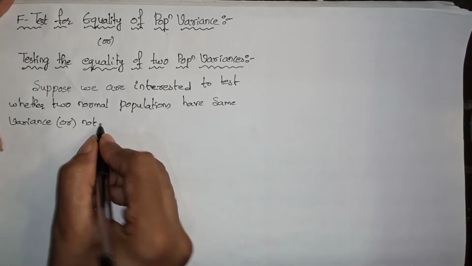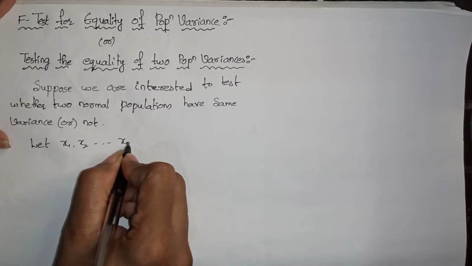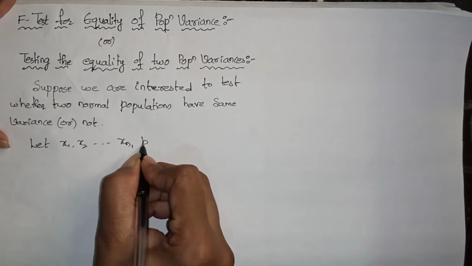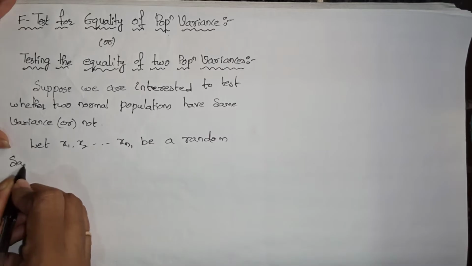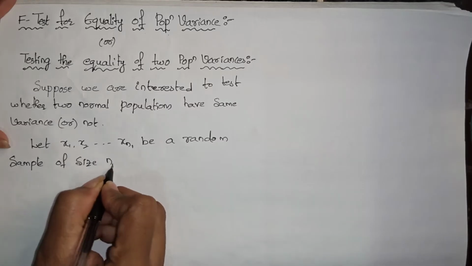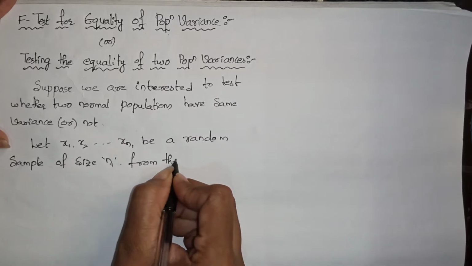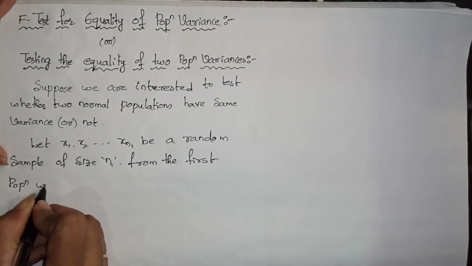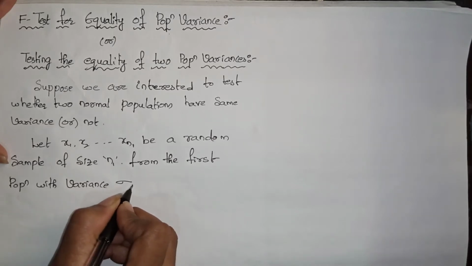Let x1, x2, and so on up to xn1 be a random sample of size n1 from the first population with variance sigma 1 square.